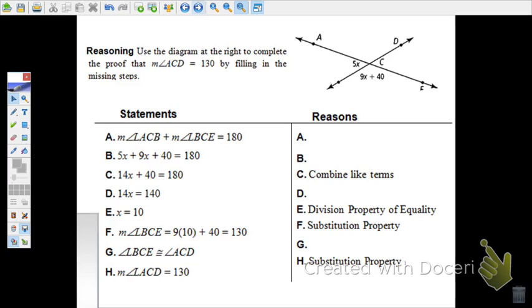Our first statement says that the measure of angle ACB plus the measure of angle BCE is equal to 180. How do I know that those two angles would have to equal 180?